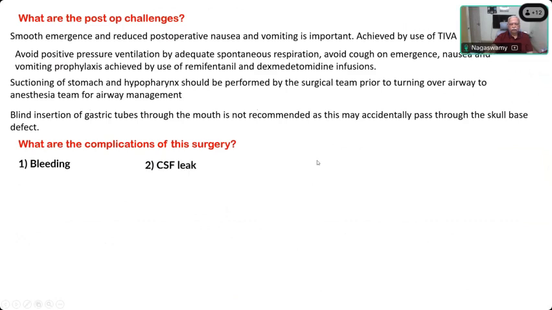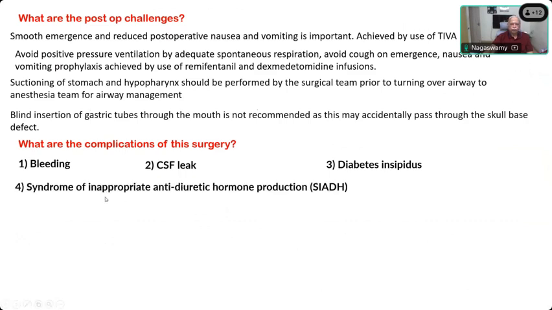Second is CSF leak. Third is they can go in for diabetes insipidus after the excision of pituitary adenoma, or they may develop SIADH, syndrome of inappropriate antidiuretic hormone secretion, and venous air embolism. These are the 5 complications that you have to know.